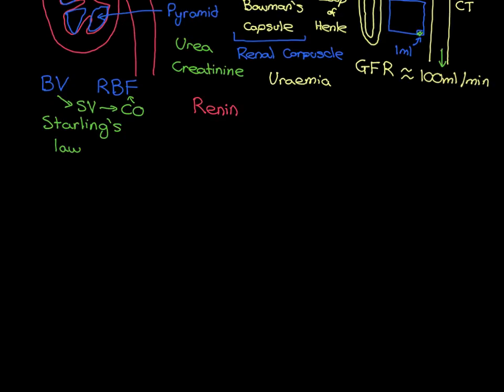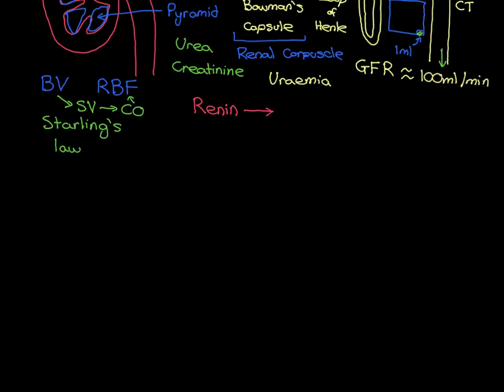And as we'll see, they determine how much renin they're going to be releasing by what is happening with renal blood flow, which of course corresponds to what's happening to blood volume. So renin is an enzyme that's going to be released by the kidneys into the bloodstream. It's the first part of the renin-angiotensin-aldosterone system.